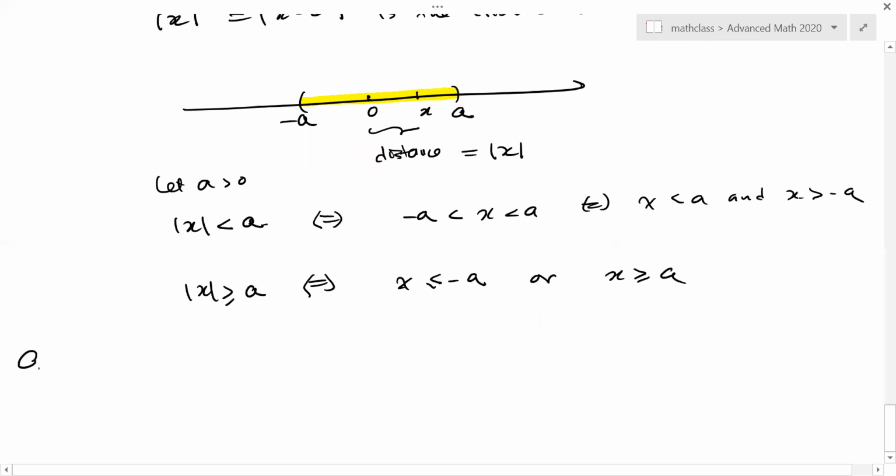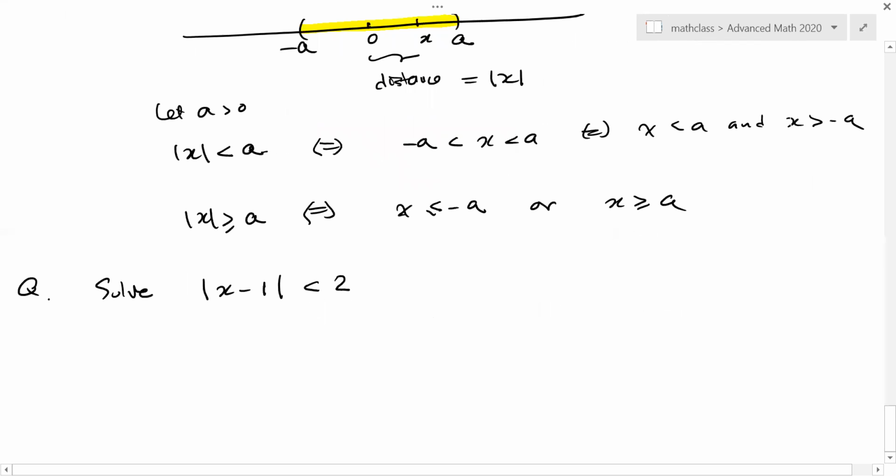All right, so let's look at the following inequality. Solve the inequality |x - 1| less than 2. You can solve it using geometry. |x - 1| is the distance between x and 1.